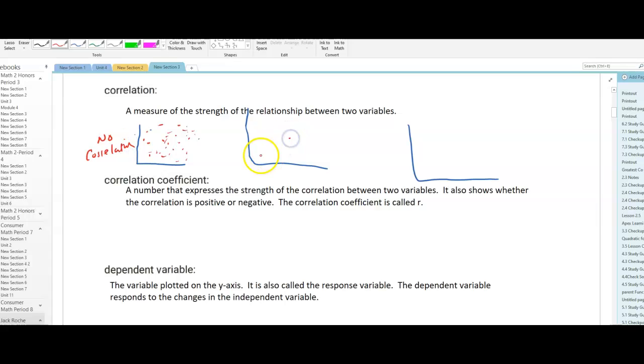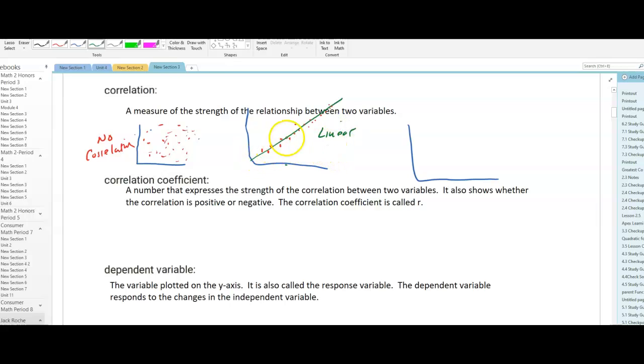However, when I look here, if I have some points, and they have what we call a linear relationship, they're basically saying that you could take and draw a line through that data and come very close to every point. Okay, you're not going to touch every point, but as long as you can come close to every point, this has what we call a linear relationship.